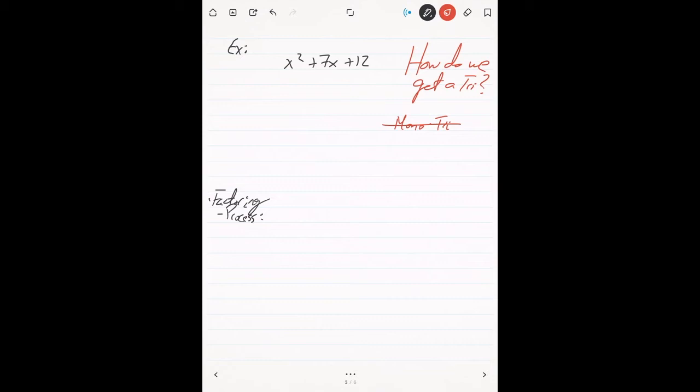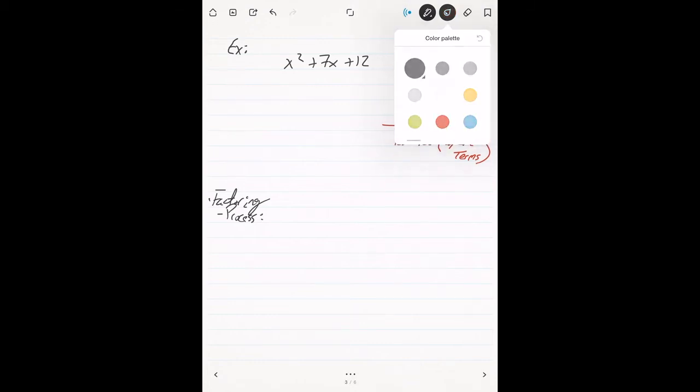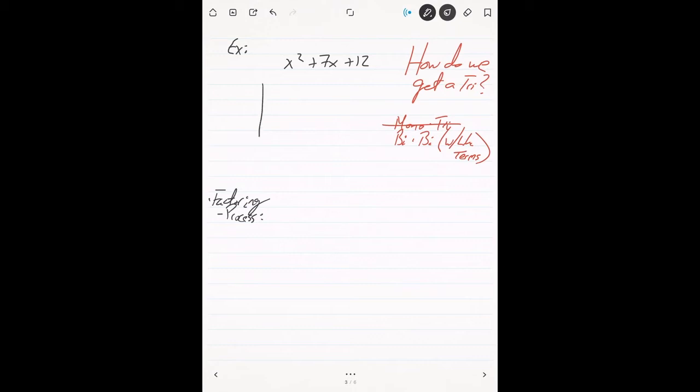The only other way to get a trinomial is if you had a binomial times a binomial with like terms. That was the only other situation. So we hope that what we have done here is multiplied two binomials together and had them contain like terms. So let's try that out.